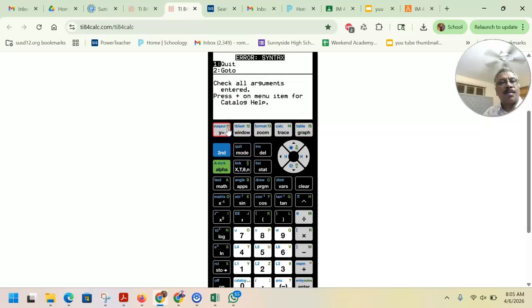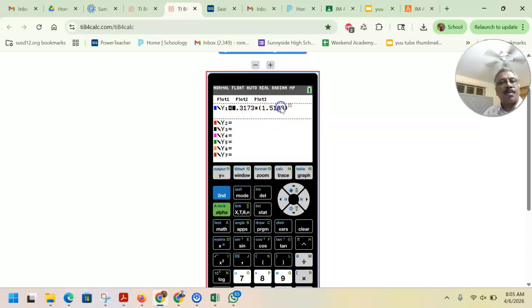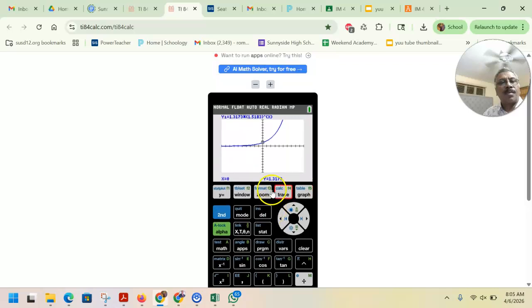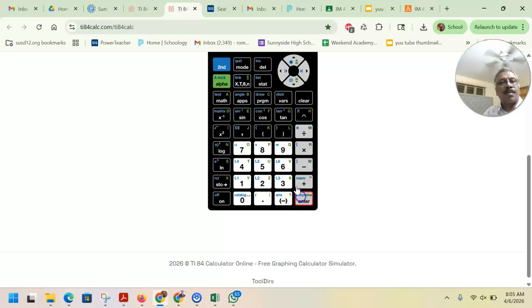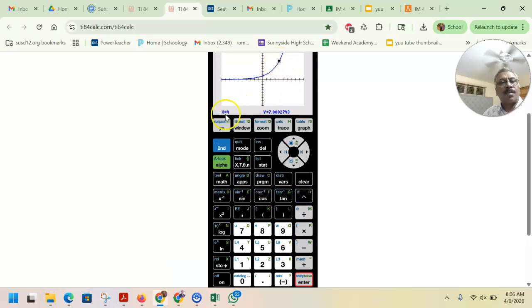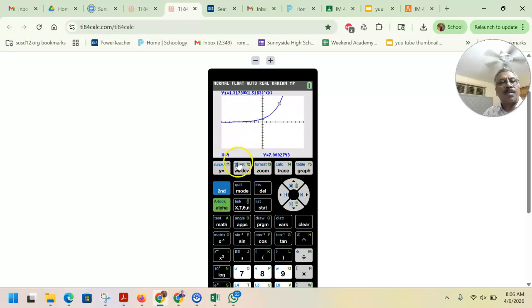Did I make a mistake? Oh, I think I forgot to put the x here. And now graph. See? There you go. And if you put x equals 1, trace, enter, you get that 2. And if you put 4, enter, you get 7. So those are the points on the exponential graph.